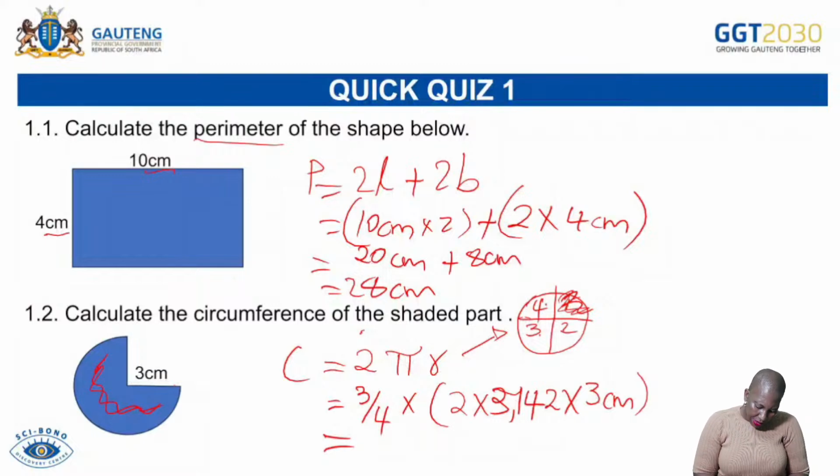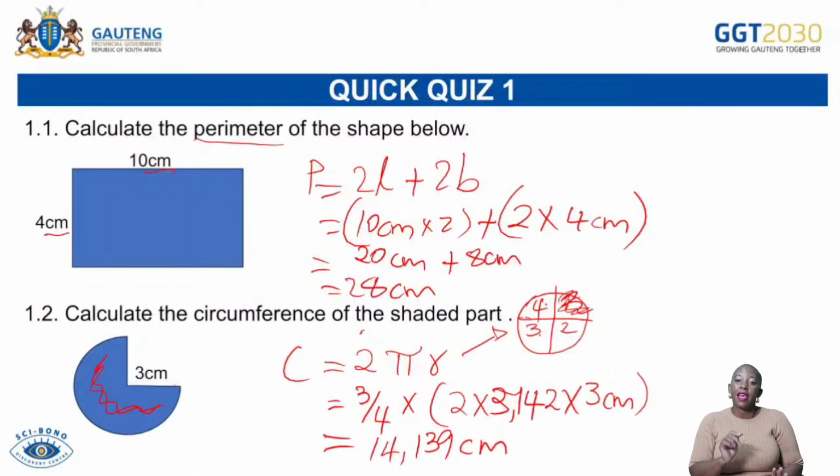And then we multiply it by 2, we multiply it by 3.142, we multiply it by 3. And then our answer will be 14.139 centimeters. The examiner will tell you whether to round off your answer to 2 decimal places, or to the nearest whole number, or to 1 decimal place.